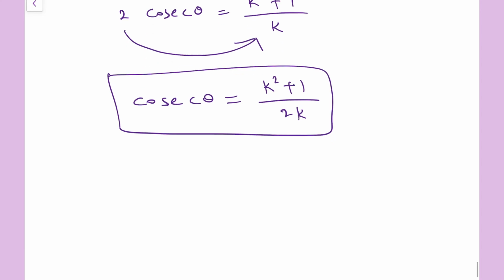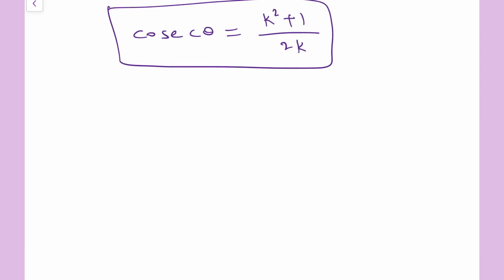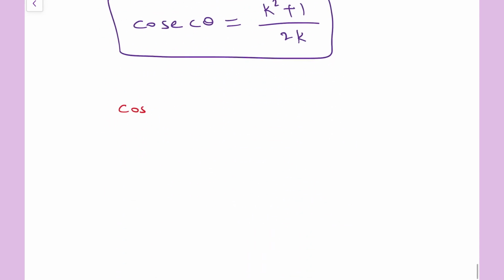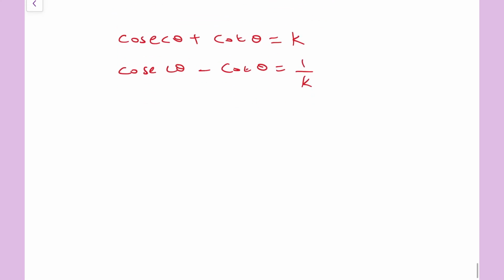Next, the first equation and the second equation. This time I will do subtraction. The first equation is cosec theta plus cot theta equals k, and the second equation is cosec theta minus cot theta equals 1 by k. Doing subtraction, plus becomes minus, minus becomes plus.